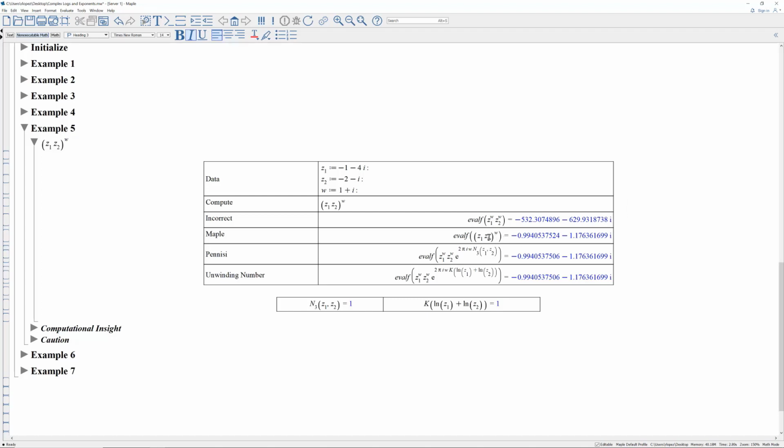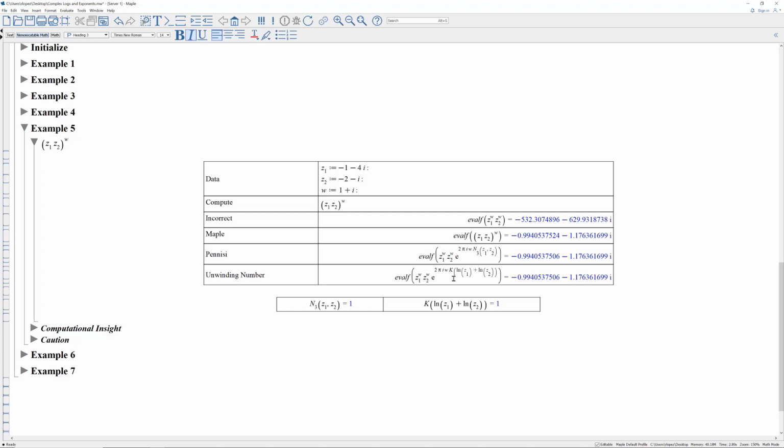And we do it in Maple till we get the right answer, and you see the real and imaginary parts are much smaller. This is the correction factor using the Penisi approach. It's a product. It's an exponential, 2 pi I, W appears in there, and you need N3.